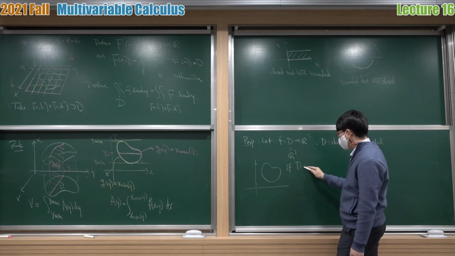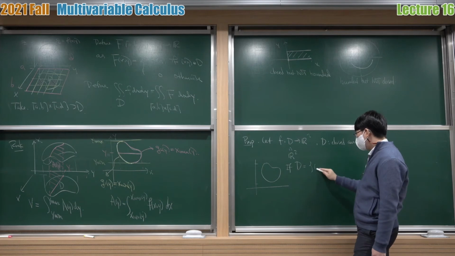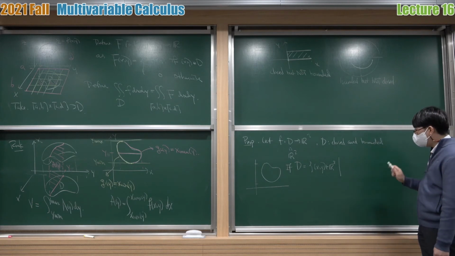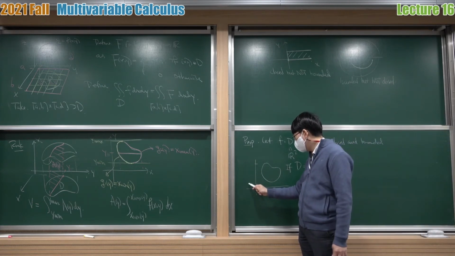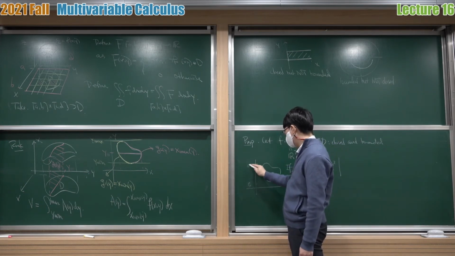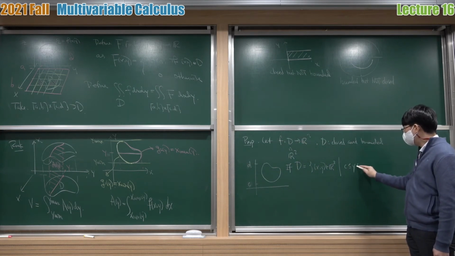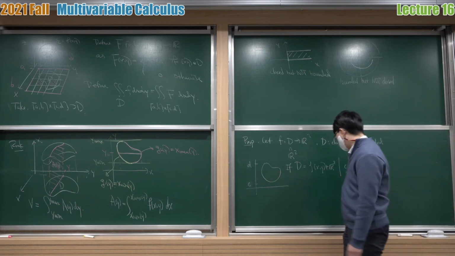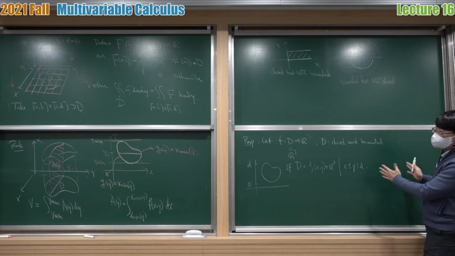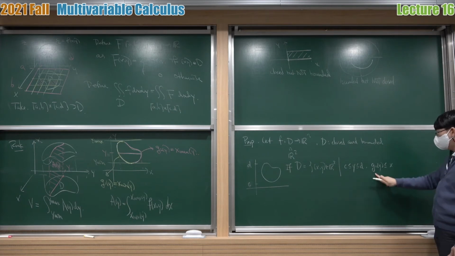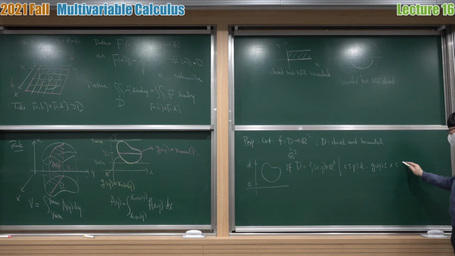D is given by the points (x, y) in R^2 satisfying that y ranges from c to d, and for each y, let's say x ranges between the function values g1 and g2.